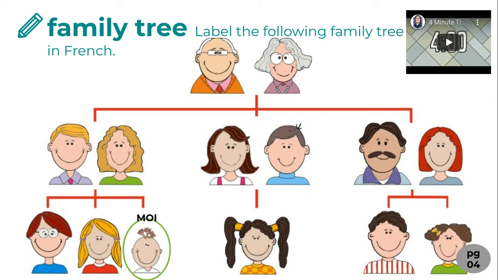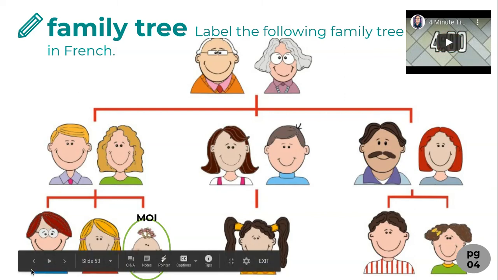1, 2, 3, 4. Tournez à la page 4, s'il vous plaît. Okay, top of page 4, you should have this same family tree, and I need you to label it. Okay, so notice the green circle, that is you. That means that the people next to you are your brother and sister.